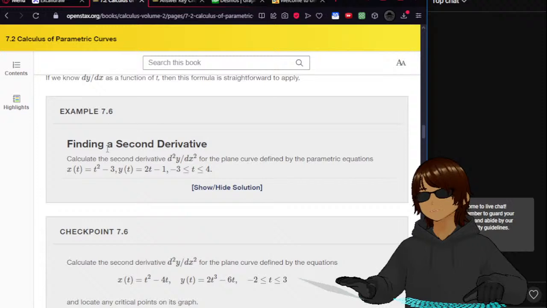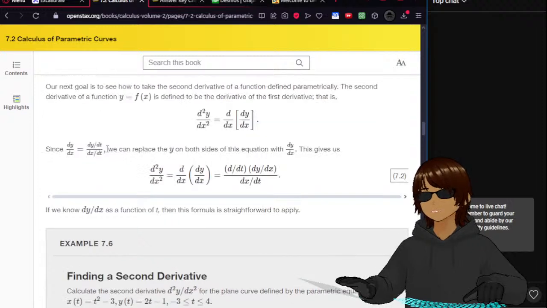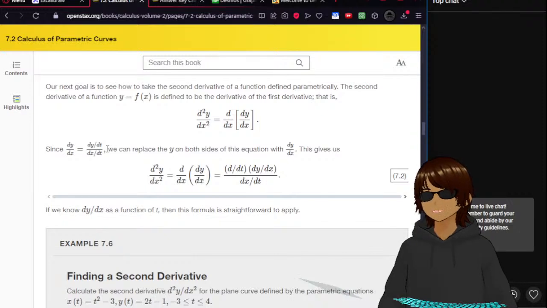Okay, second order derivatives. Our next goal is to see how to take the second order derivative of a function defined parametrically. The second derivative of a function y equals f of x is defined to be the derivative of the first derivative. That is, d squared y over dx squared.